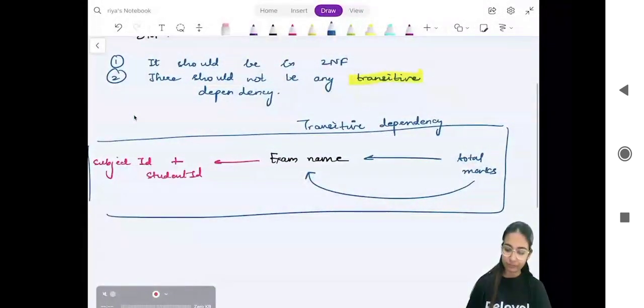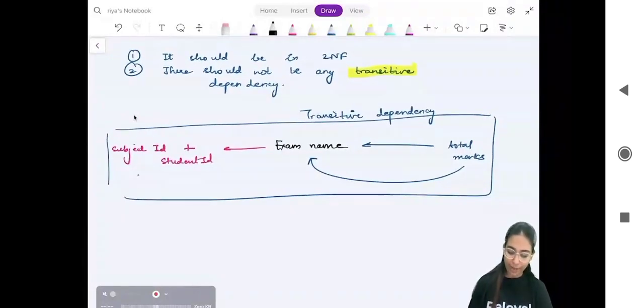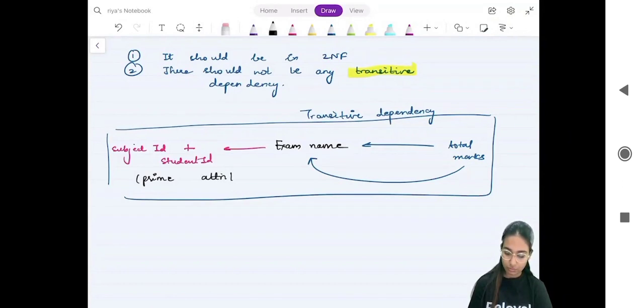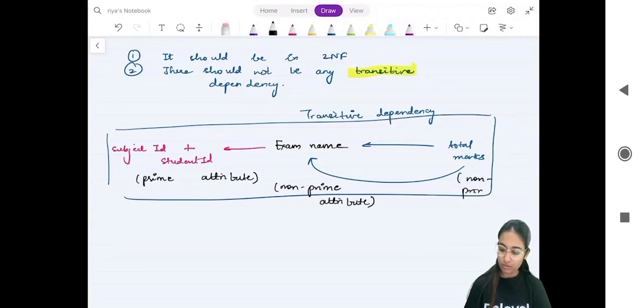Okay, so here you can see that this is a prime attribute. This is a non-prime attribute. And this is also a non-prime attribute.